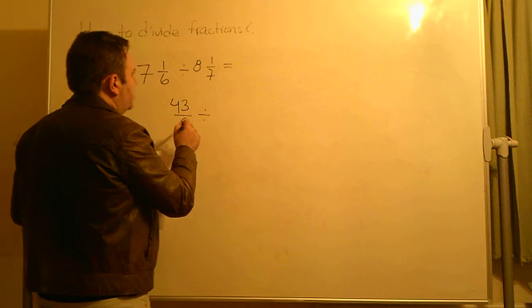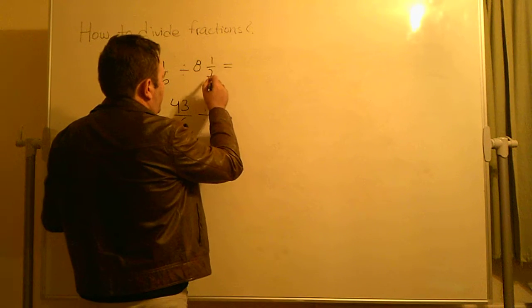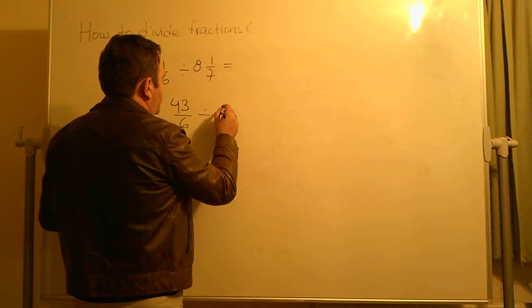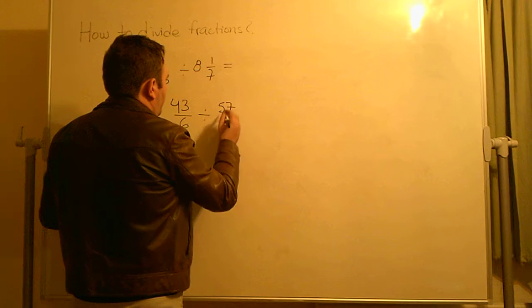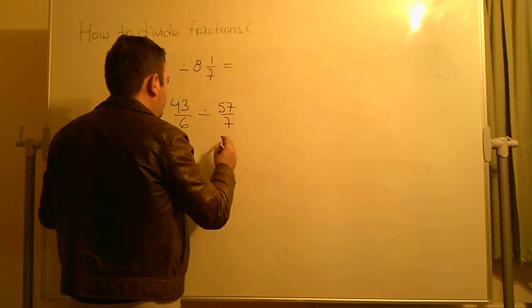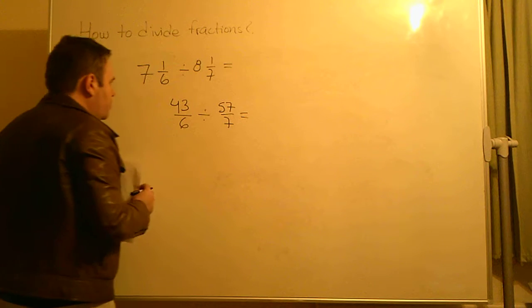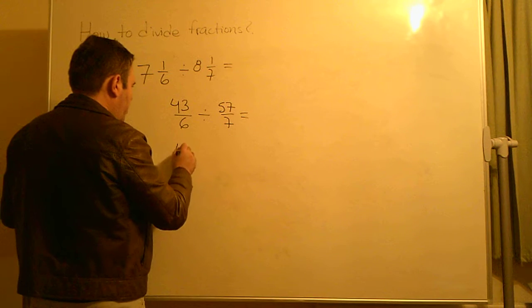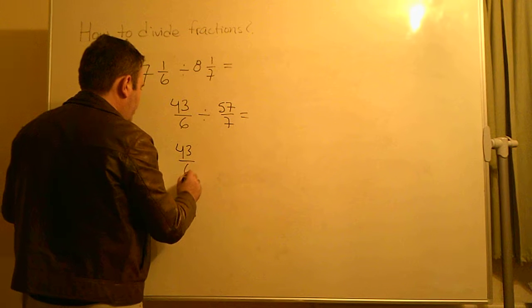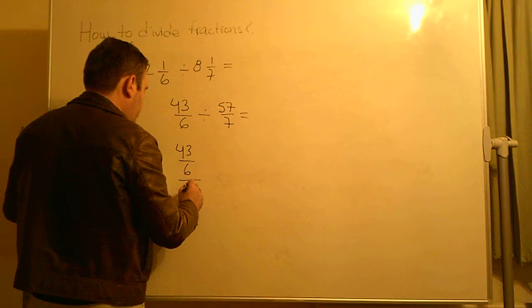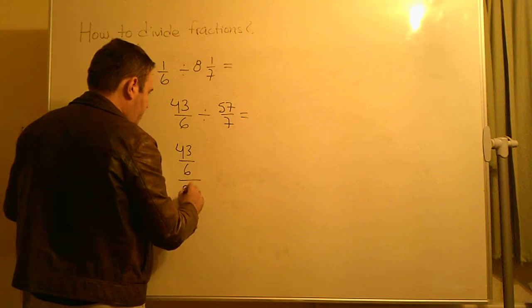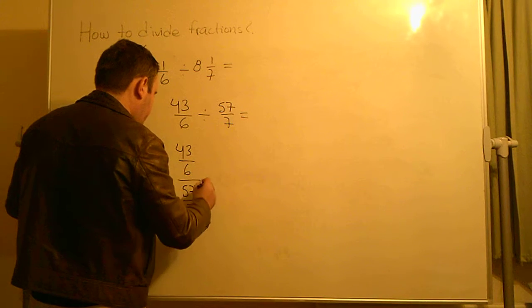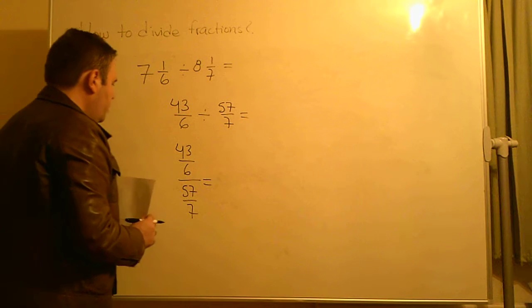Well, 43/6 divided by, well, this is 8 times 7 is 56, plus 1, 57 divided by 7. So we're going to write down 43/6 divided by 57/7. Okay?